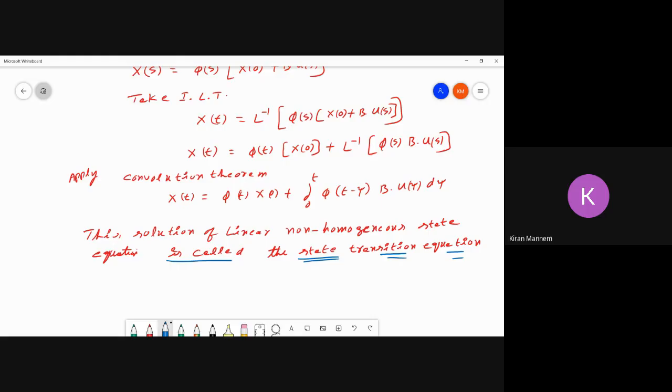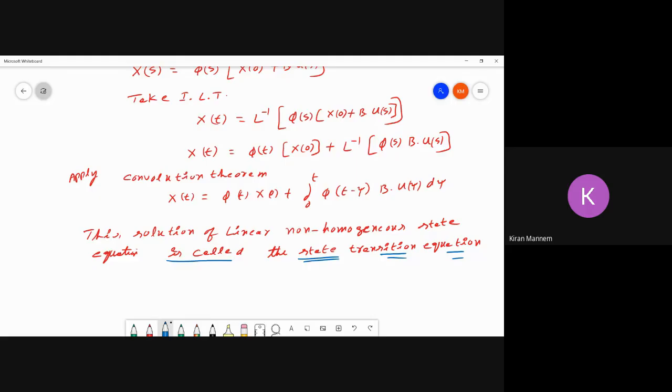One is the state transition matrix STM, and one more is the resolvent matrix Φ(s), which is equal to (sI minus A) inverse, right? So this is the theory part of the last topic. With this, I completed the 5th unit. So let us find out the solution for one example.